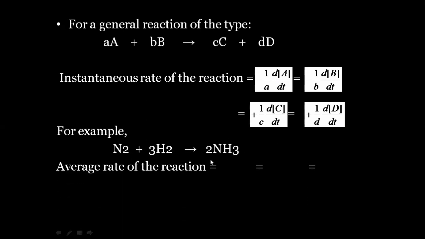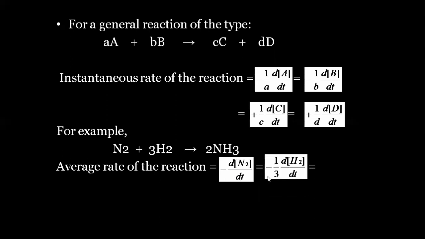For example, if I take the same case again, sorry, there is a mistake over there. It has to be instantaneous rate of reaction, not average. So the instantaneous rate of reaction is again given by minus dN2 by dt, minus 1 by 3 dH2 by dt, because again we have to divide by the stoichiometric coefficient, and plus, obviously it is a product, 1 by 2 dNH3 by dt.